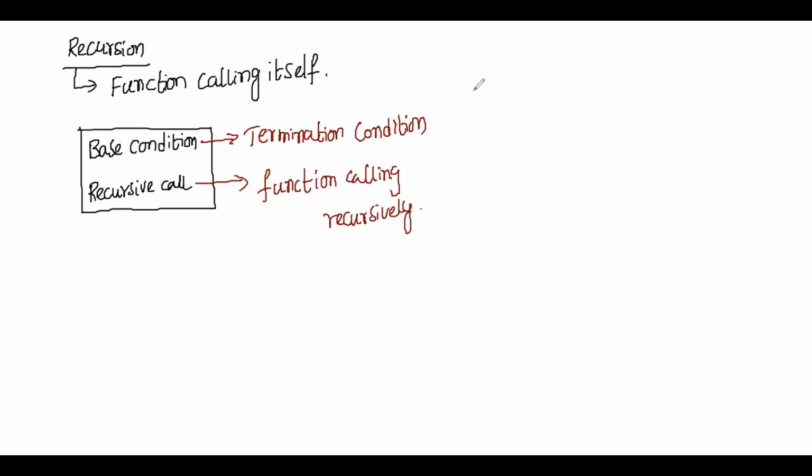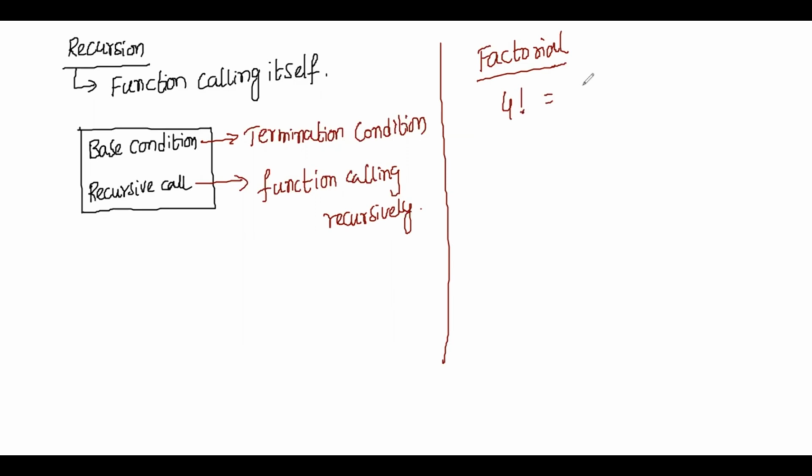So the best example to illustrate recursion is factorial. In order to find the factorial of any number, for example, consider 4 factorial.